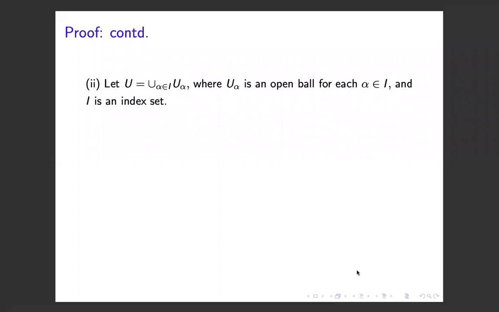So this gives you that the empty set is an open set. Similarly, on the other extreme, if U alpha is the collection of all possible open balls in the metric space, then clearly that union is going to be the whole space. So the whole space is also an open set. These two observations, that the empty set and the whole space are open sets, I have not really written down, and we will see it a little later. And there is a reason for that. I will mention that at that time.